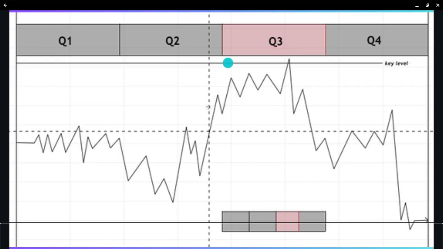So at this time, you'll see your entire CRT model working. You can directly enter at the turtle soup over here with stops like 5 points or 10 points above, and wait for a displacement below, re-enter at the breaker or an order block, and then follow the continuation. But remember the time.